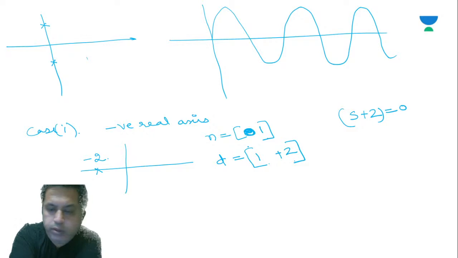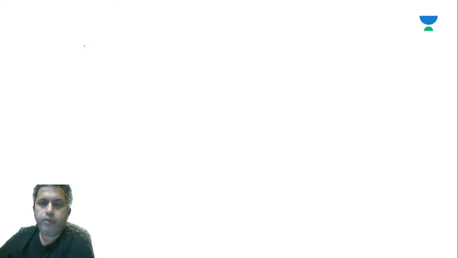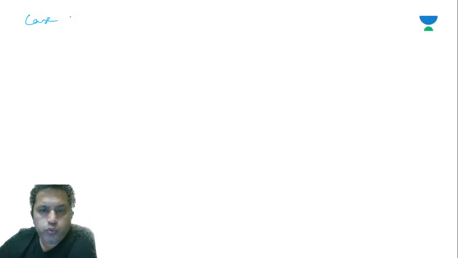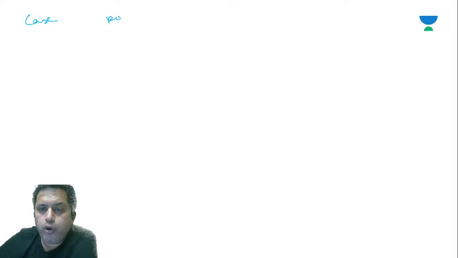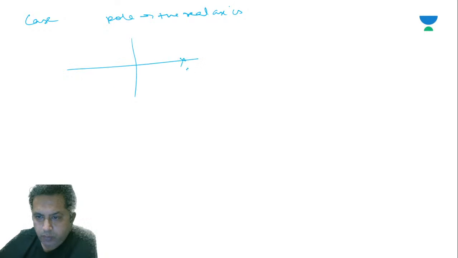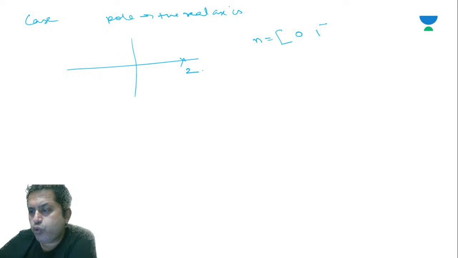Case 2, pole on the positive real axis. The numerator is 0, 1. Positive real axis means s is equal to 2, so s minus 2 equal to 0.